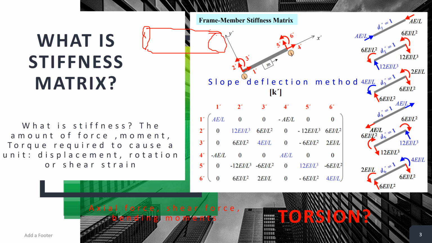So if you assume an axis like this, this is x, this is y.